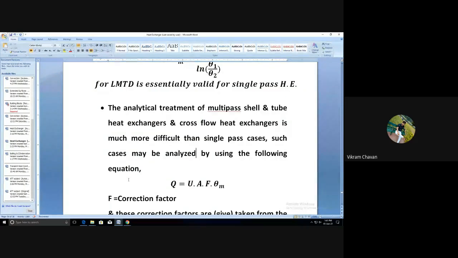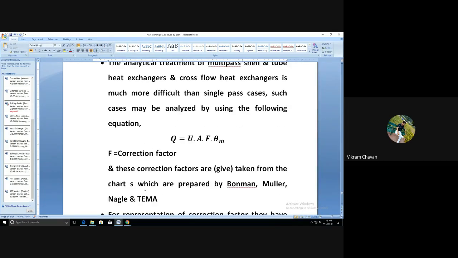The equation is Q is equal to U multiplied by A multiplied by F multiplied by theta m, where F is equal to correction factor.